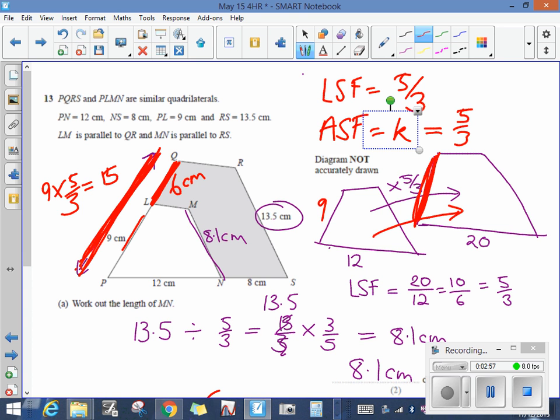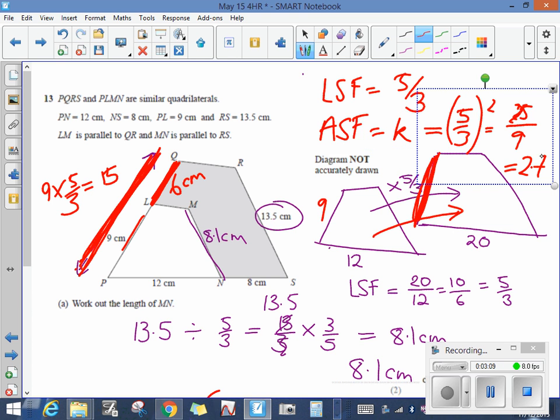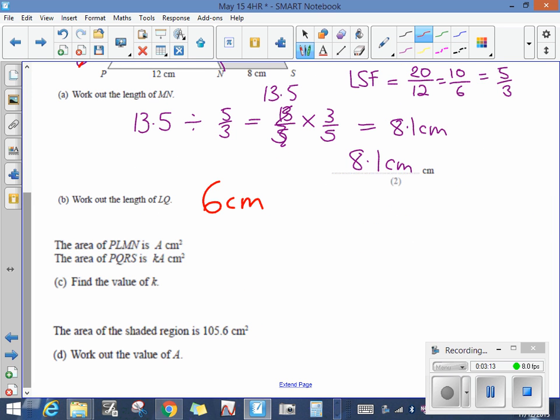We take the 5/3 and we square it. Now you can either write that as 25 over 9, because we just square the top and we square the bottom, or you could change it to a decimal, although it's a bit messy, it comes out as 2.7 recurring. Better as 25 over 9. So we now know that the value of K is 25 over 9.